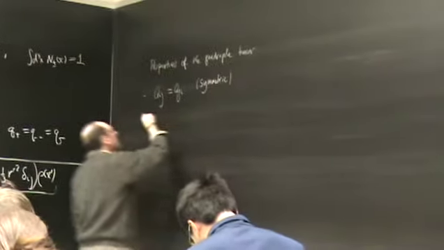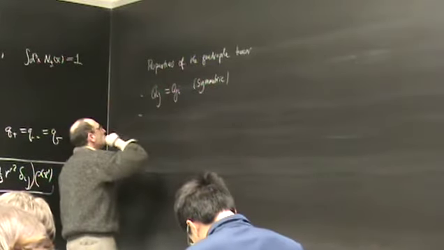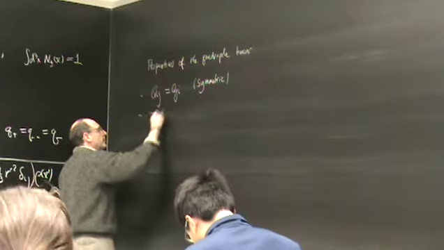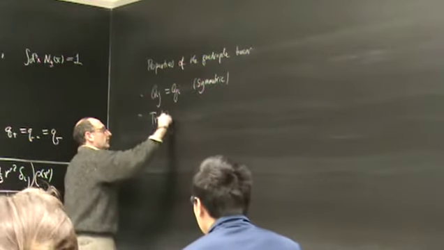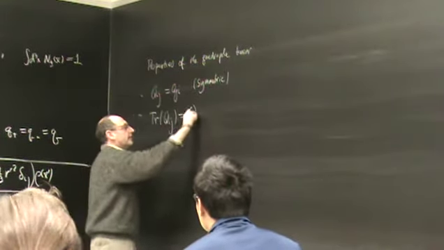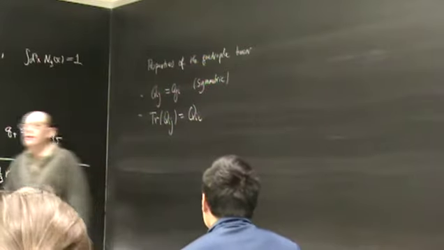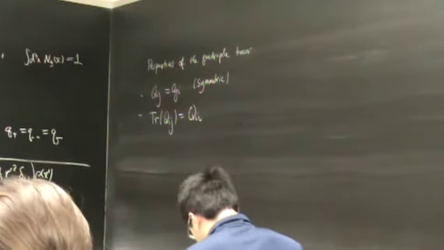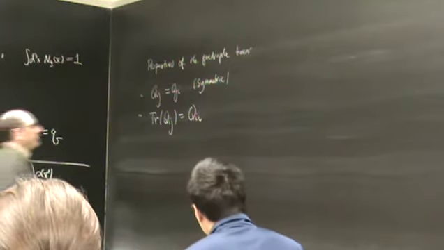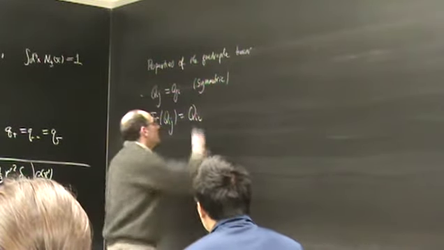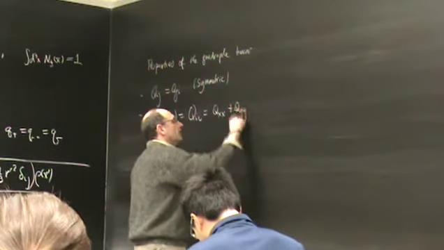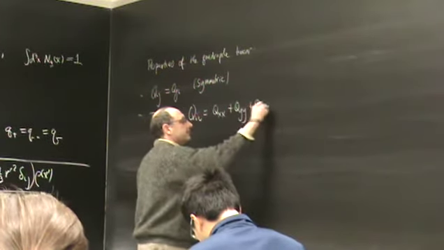Secondly, if I look at the trace of the matrix, which is to say I contract the tensor, as we discussed, this notion of contracting indices, setting two indices to be the same and then summing over the repeated indices. So this is Qxx plus Qyy plus Qzz.